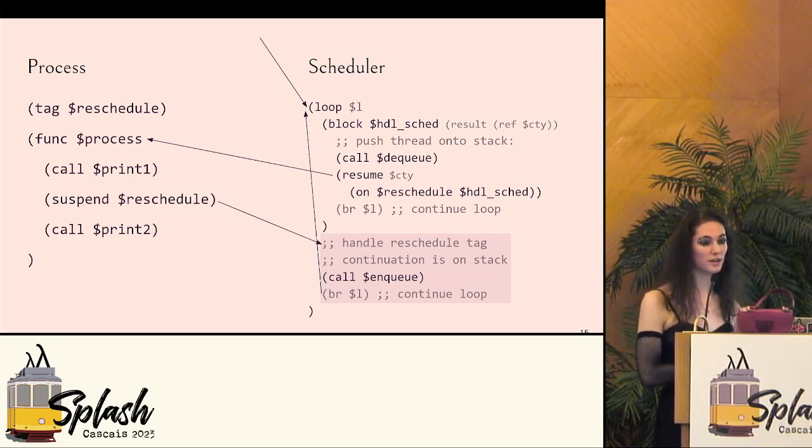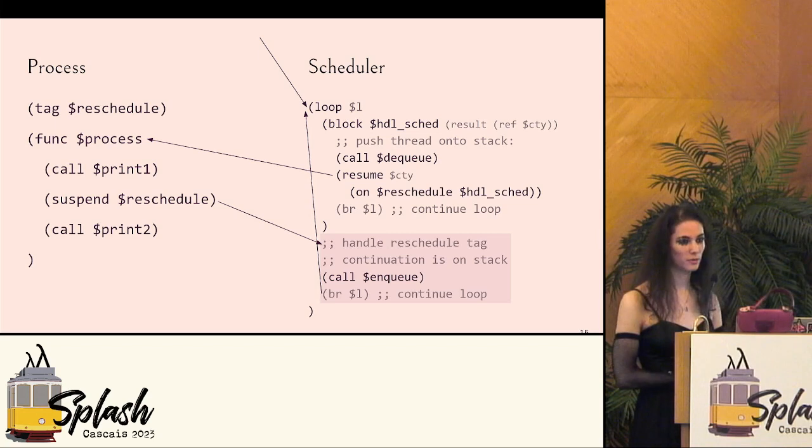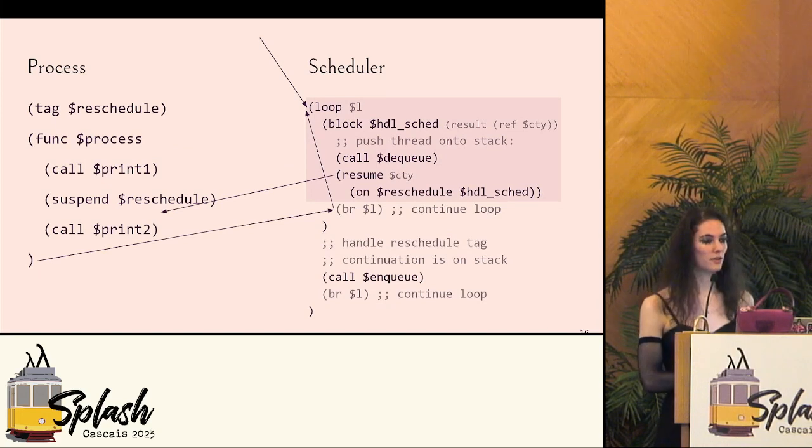So the semantics that we're going to assign to reschedule is that we're simply going to enqueue the remaining continuation of that thread back to our round-robin queue, and then loop to continue another thread. And so after we've run some more threads, we might come to this process thread again in our queue.